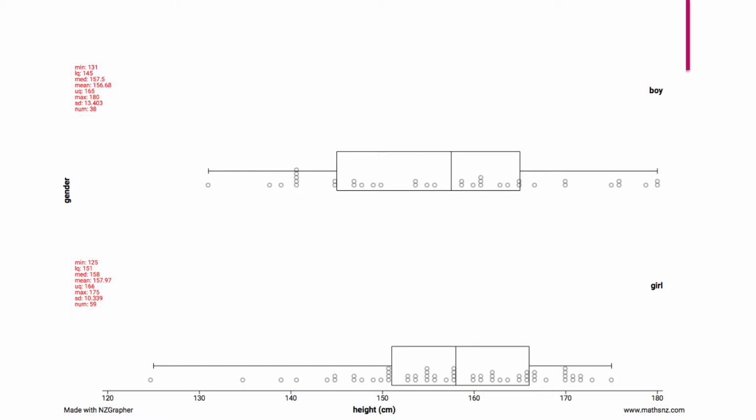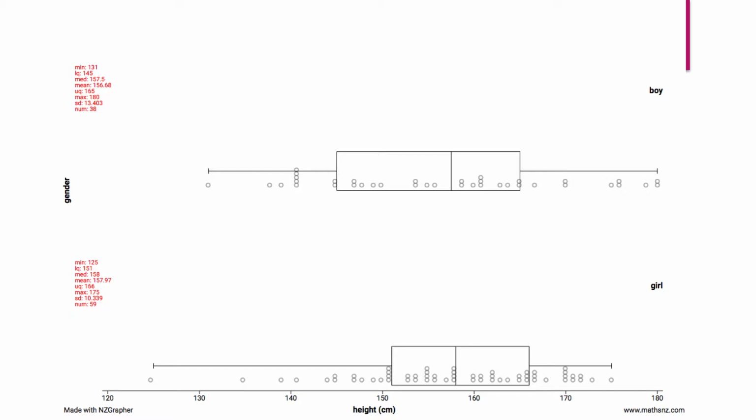And we're going to use this box and whiskers plot and dot plot to make our comparative statements about the question, do boys tend to be taller than girls in the population of high school students in the 2015 New Zealand Census at School database.